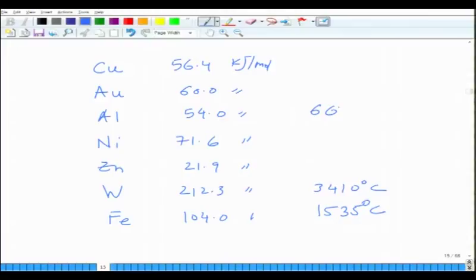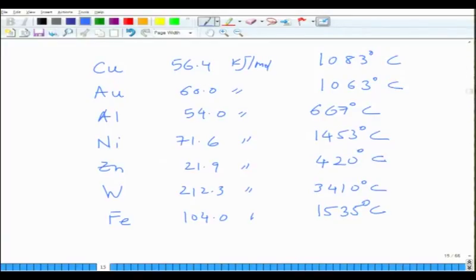Aluminum is 667 degrees centigrade, copper is 1083, and gold is 1063. Nickel again has high bond energy, its melting point is 1453 degrees centigrade, and zinc of course is very low, it is 420 degrees centigrade.